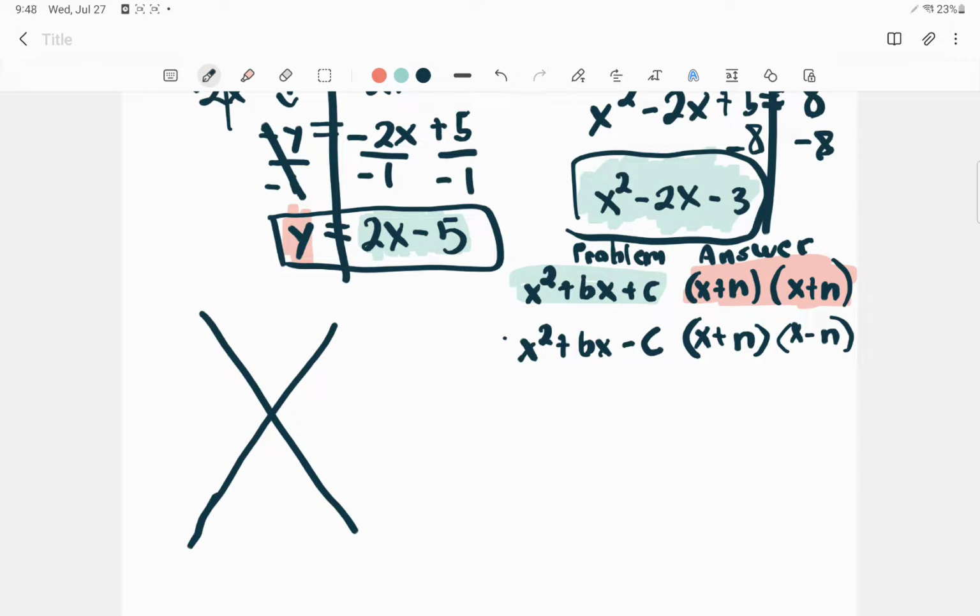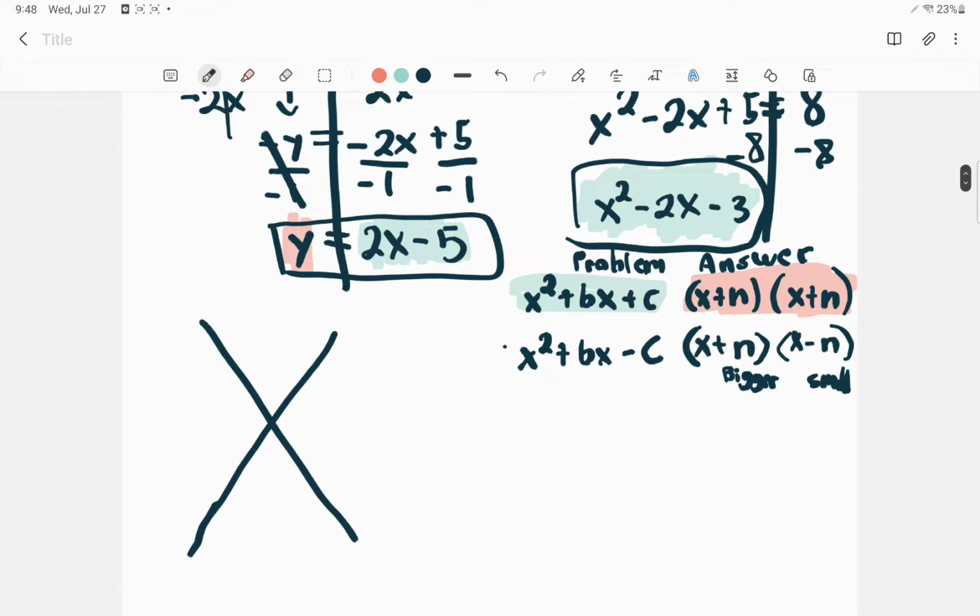But in this case, the important thing about this, okay, so whenever you have this type of problem, is that your first number right here is going to be bigger. That's going to make more sense later on. And on the other one, it's going to be smaller. I'm going to leave that as it is. But you'll guys understand once we do like the factoring and stuff like that.